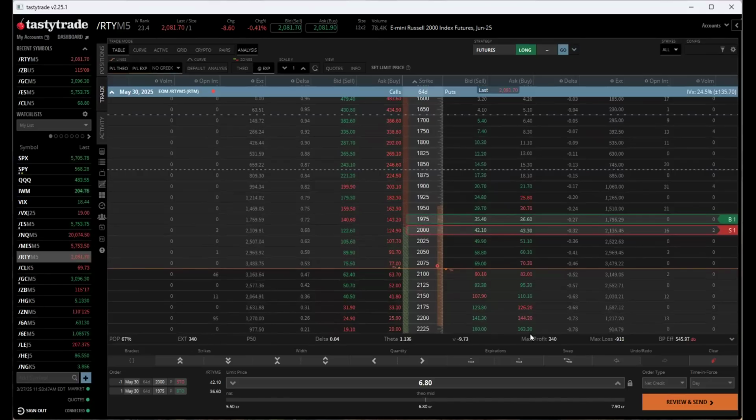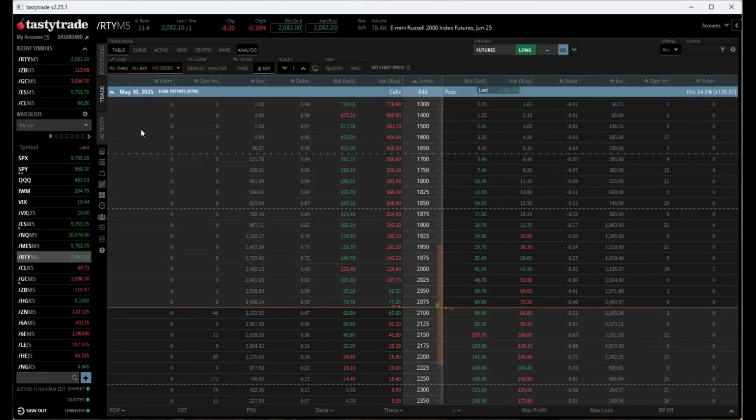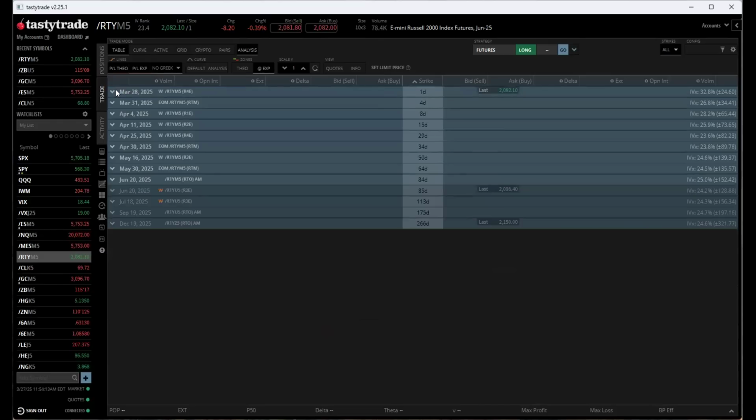This is like a 1 to 3 risk reward ratio, doing it around 2000 here, and don't do anything. Just take the max loss of 910, which is like a third of that, and you can let this thing go all the way to the mat, which is not the worst thing either. So there's RTY. All right, there's a bunch of different things for you guys to take a look at.